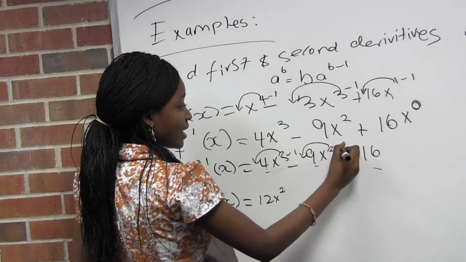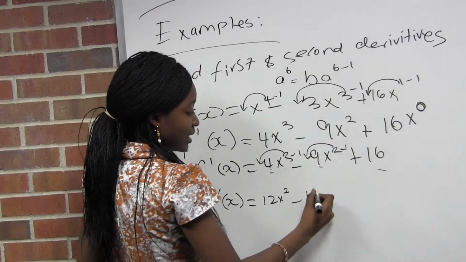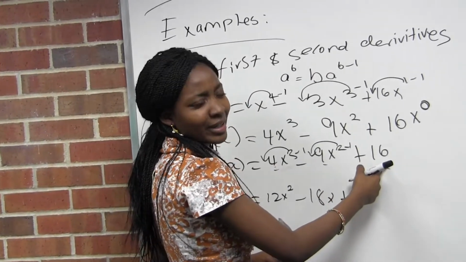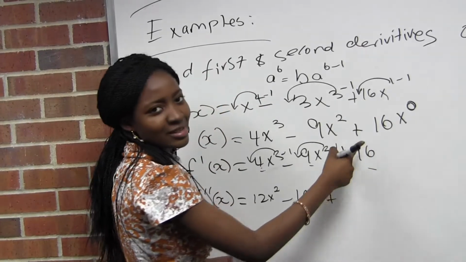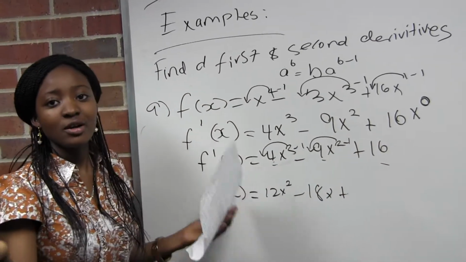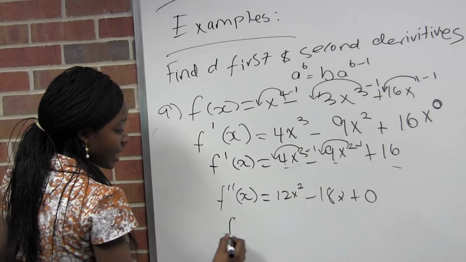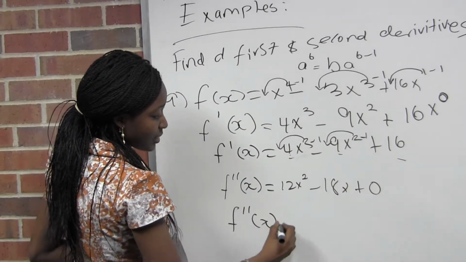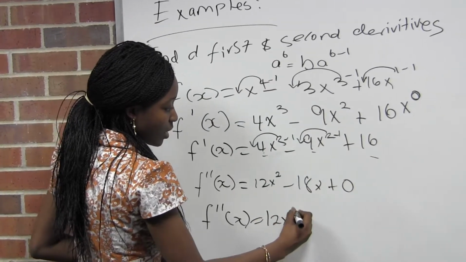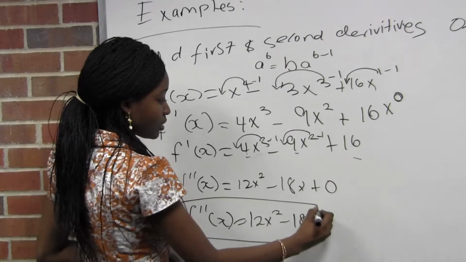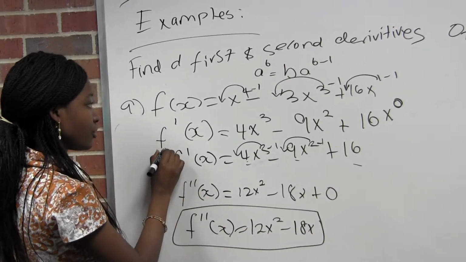My 2 comes down and I subtract 1, so I have negative 18x. And 16 is a constant. What is the derivative of a constant number? It's just 0. So that's it. Now my f double prime of x is 12x squared minus 18x. So these are the answers for each one of the questions.